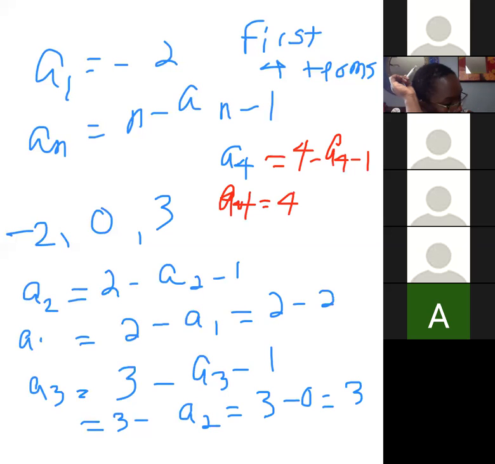So it's 2 minus -2, which makes it 4. Because your A1 is -2, wouldn't it be 2 minus a negative, which changes it to always add?